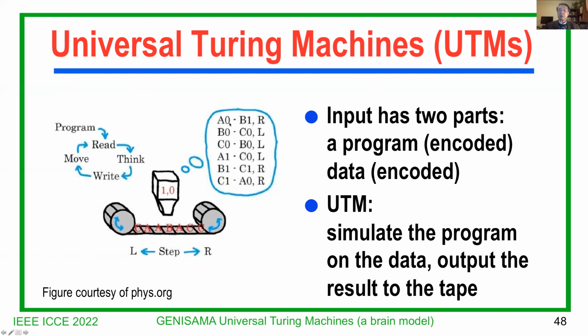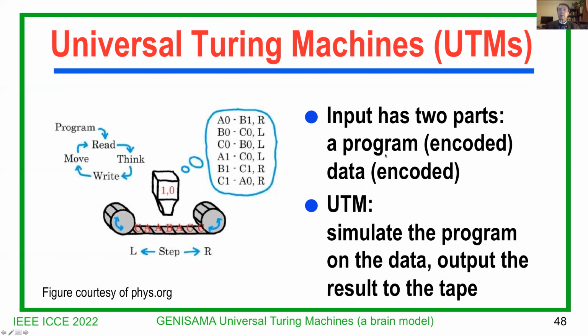This is the transition table of that program. State A with 0 input, go to state B, write 1 and move right. State B, 0 input, go to state C, write 0, move left. And all in this form. So the universal Turing machine simulates the program on the data and outputs the result on the tape.